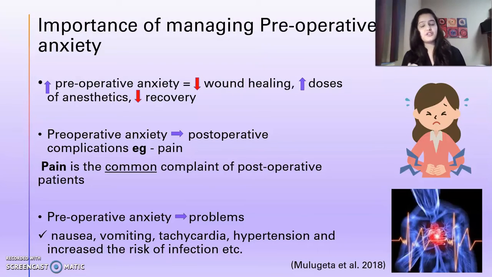Preoperative anxiety has a lot of repercussions and can lead to post-operative complications as well, like pain. Pain is one of the most common complaints of the post-operative patients. Preoperative anxiety can lead to a number of problems like nausea, vomiting, tachycardia, hypertension, and an increased risk of infections, such that if the patient is too worried or too stressed, it affects the immunity levels and hence is more susceptible to the risk of infection.